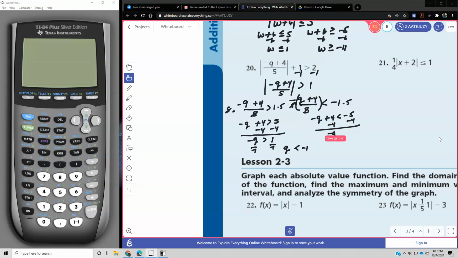So you have negative q is less than negative 9. Divide by negative 1. So q is greater than 9. So it's going to look like this. You have negative 1, 0, 9, open circle in this direction, greater than 9, open circle in this direction, okay? And that's an open circle, not closed.